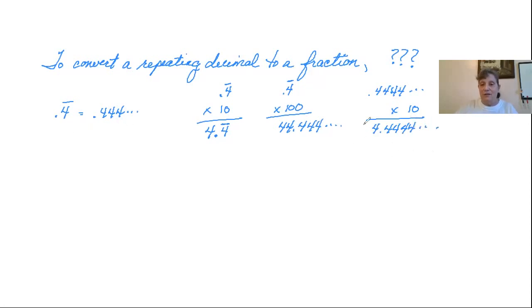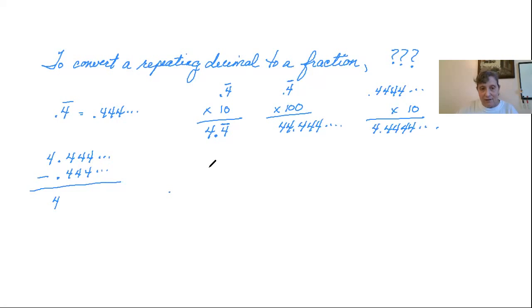Now if I get the difference between these two, if I take 4.444 forever, and I subtract the 0.444 forever, I would have 4. However, notice that this is 10 times 0.4 forever minus 1 times 0.4 forever, which would leave 9 times 0.4 forever.